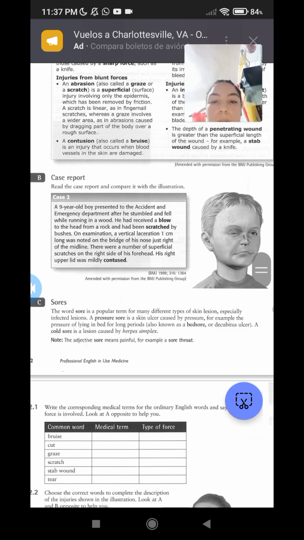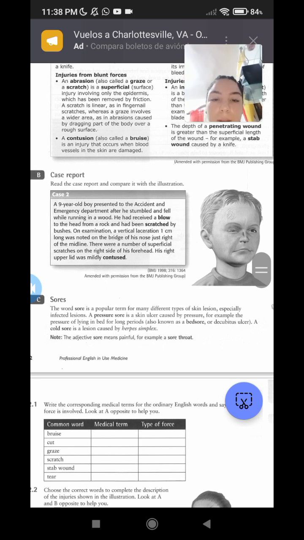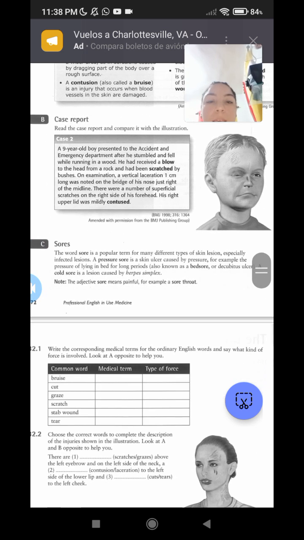On examination, a vertical laceration, 1 centimeter long, was found over the bridge of the nose, just right of the midline. There were a number of superficial scratches on the right side of his forehead. His right upper eyelid was mildly contused.